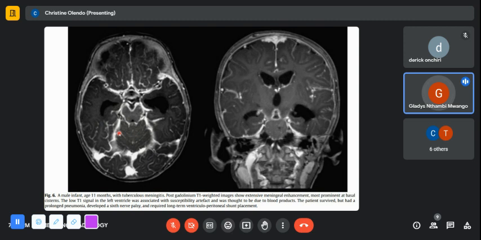Anything else that you can see in these images, very well shown in the coronal? Look at the enhancement.